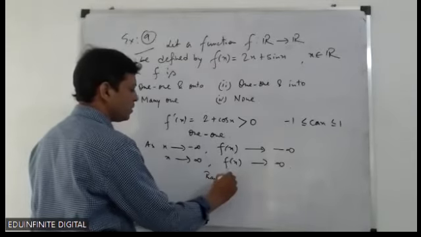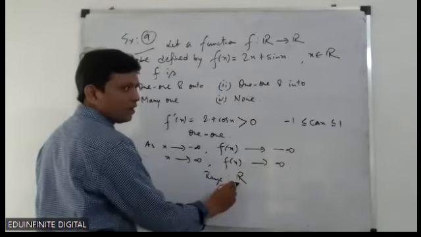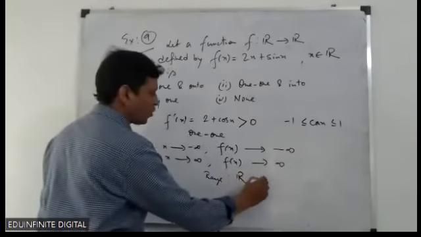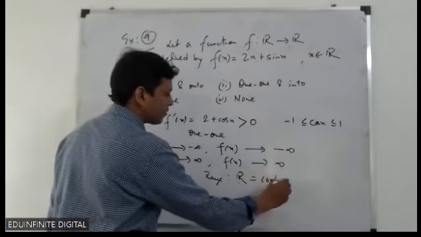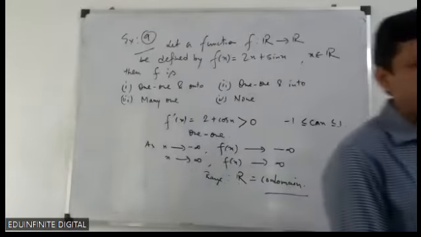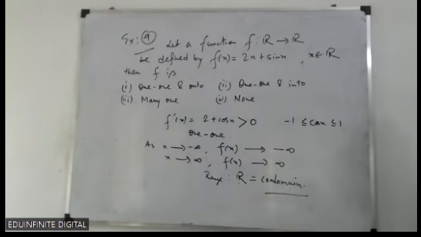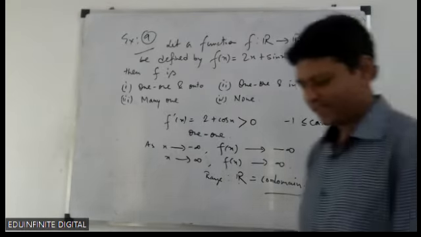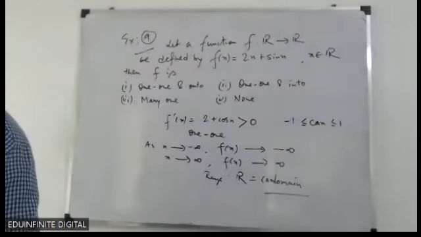Minus infinity to plus infinity, R. Yes, sir, that is equal to the codomain. So range equal to codomain means it is onto. Okay sir, got it. Everybody clear?